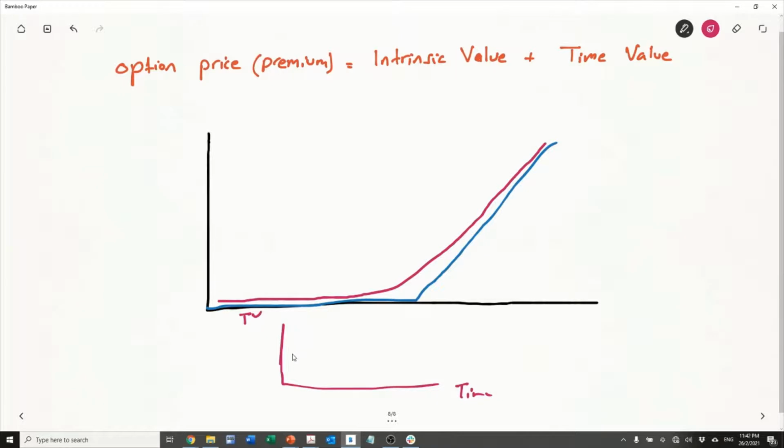As we come closer to the expiration date, the time value will decay until on the expiration date itself, the time value will equal exactly zero. At any point in time before the expiration date, the time value will be positive. However, it is impossible for the time value to be negative. So it could be zero or positive, but never negative.